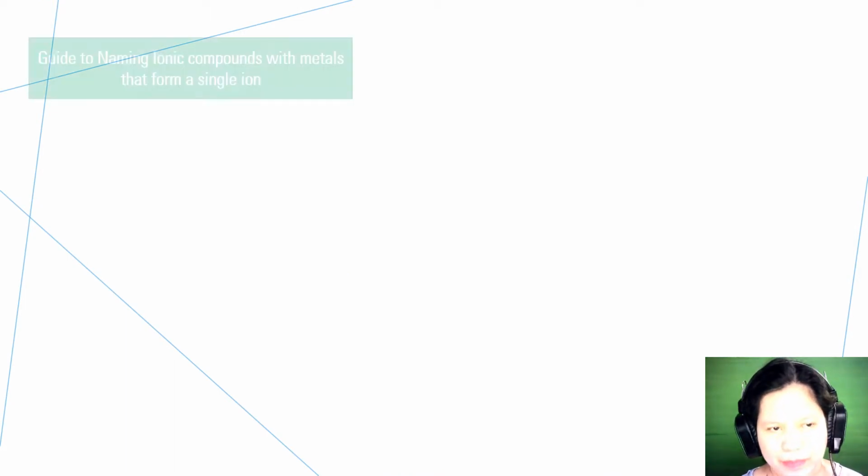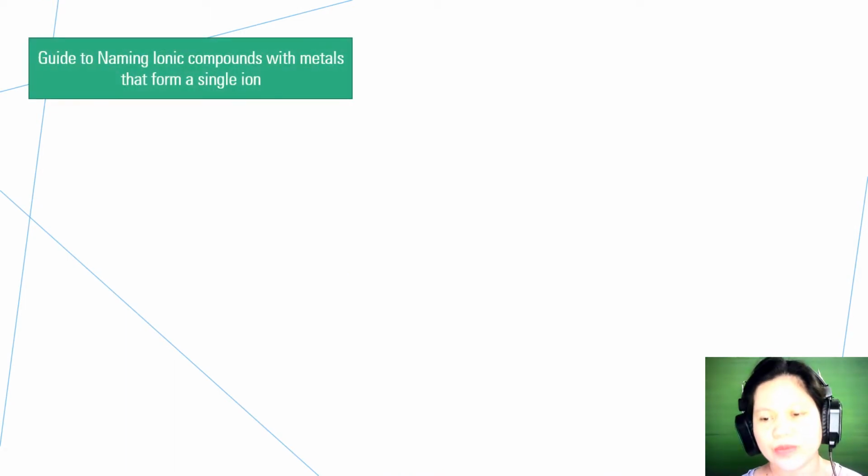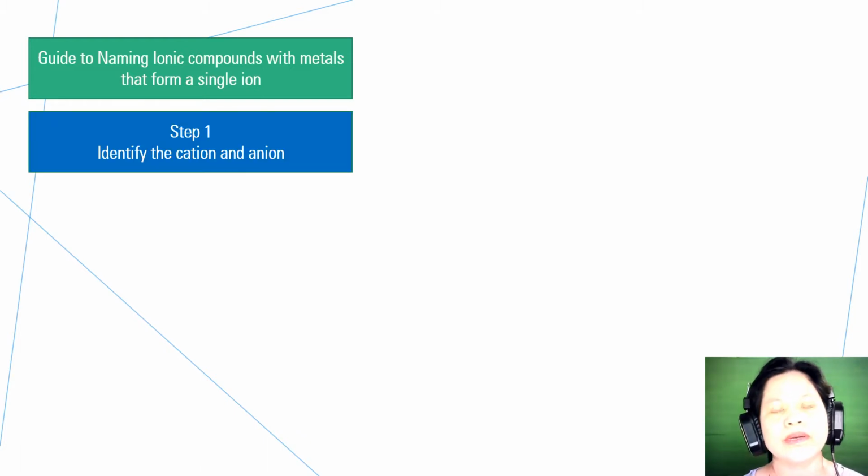Here are the steps that we have to follow when we write and name ionic compounds with metals that form a single ion. Okay, step 1, first, you have to identify the cation and anion.